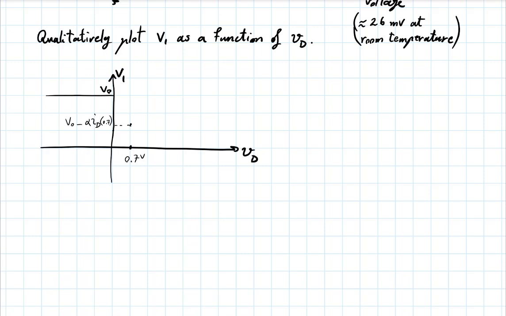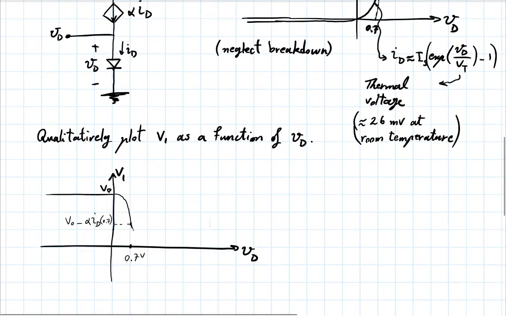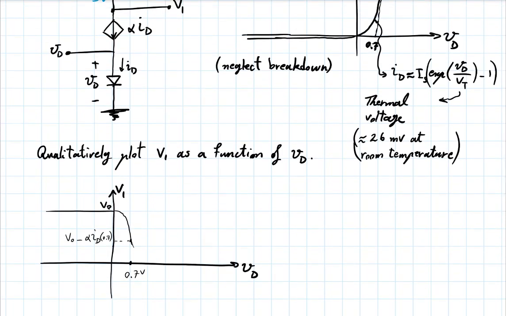And it's substantially lower than the original V0. And that's a kind of smooth transition because as you increase VD from 0, well, at 0.1, 0.2, 0.3, and so on, there is a gradual increase in the diode current and consequently a gradual decrease in the output voltage.